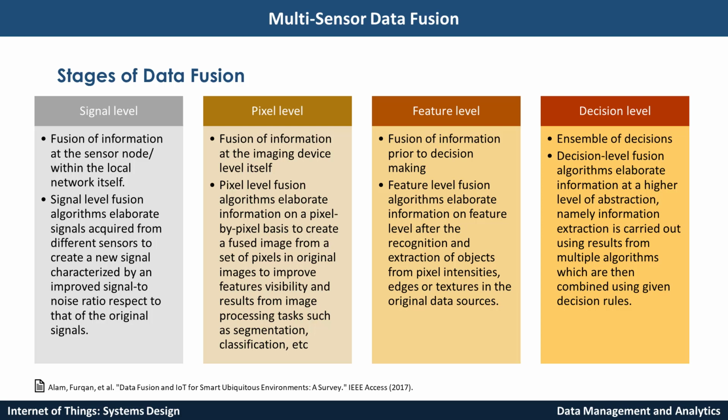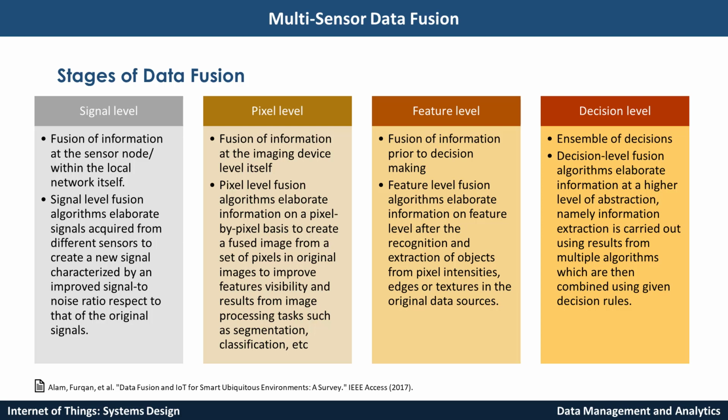Historically, these fusion stages or levels were proposed in the computer vision domain. However, these ideas and concepts are pretty much valid for IoT type sensing as well. So at a high level, signal fusion will try to fuse the signals together and create a new signal.